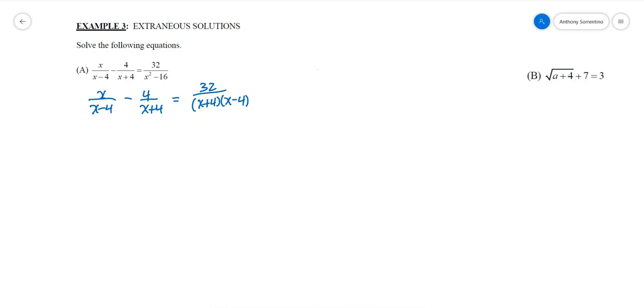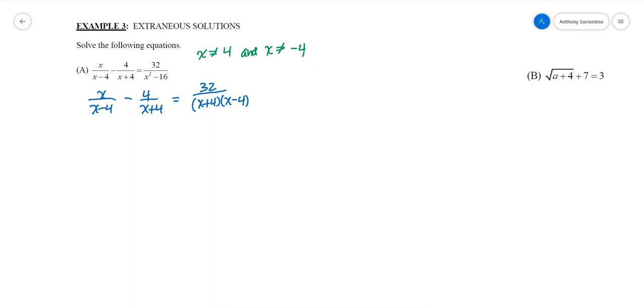Obviously, if x were to be 4 or -4, each one is going to make 2 of these 3 rational expressions become a quantity over 0. And I can't have that. So I have to work under the premise here that x is not equal to 4 and x is not equal to -4.